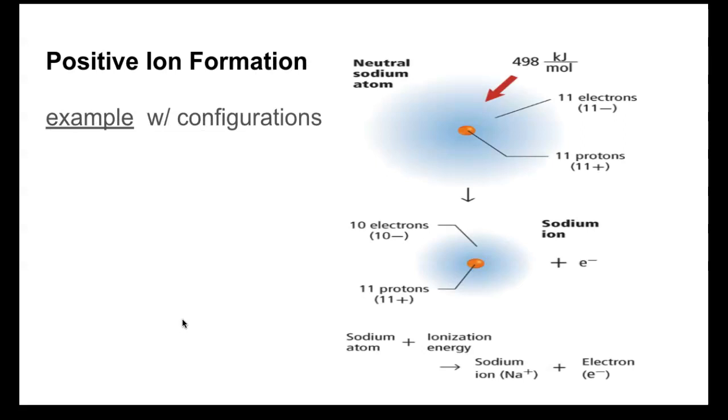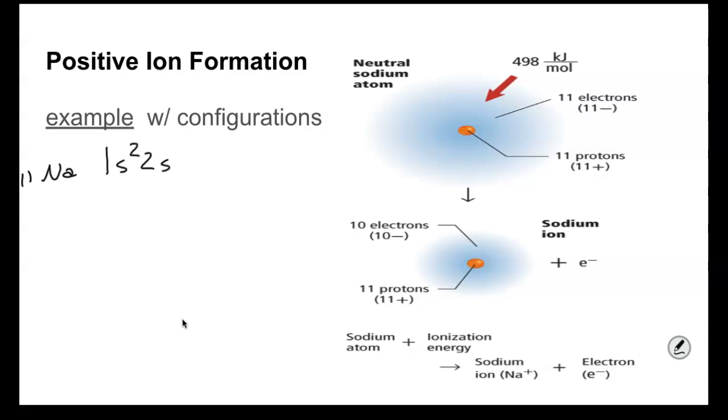Okay, I want you to put this example in your notes. We're going to take a look at sodium. Sodium is element number 19 on the periodic table. I think it's 19. Nope, I'm wrong. Sodium is element number 11. We're going to write out the electron configuration: 1s2, 2s2, 2p6, 3s1. I'm going to neaten that up a little bit.